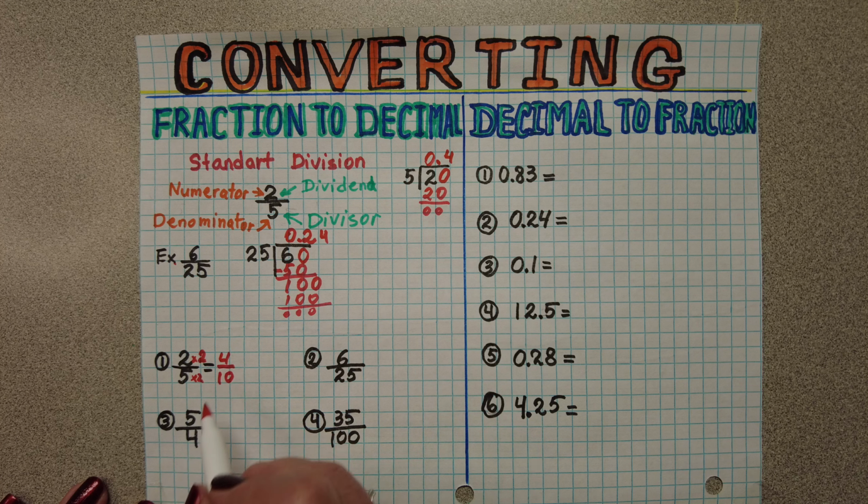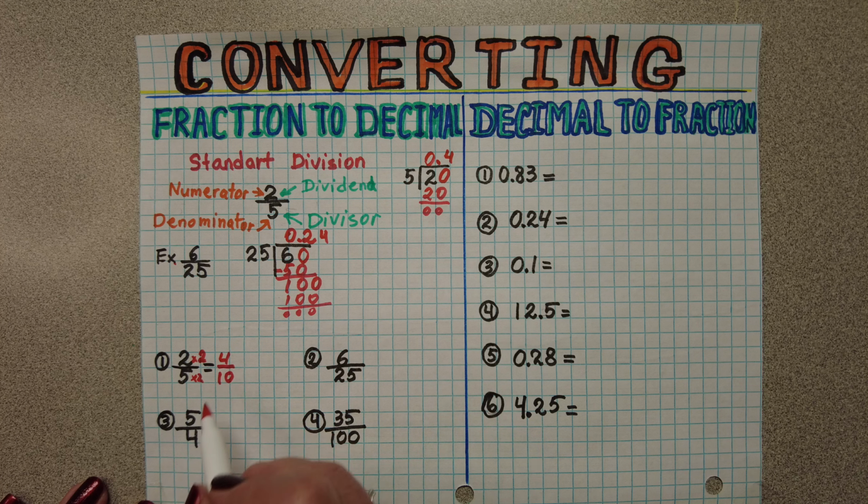Remember, yesterday we learned 4 divided by 10 will be 0.4. As many zeros as this number has, we go backward that many places and put the decimal sign. See, we got the same answer for 2 over 5. This way we solved it, or we did the standard division.